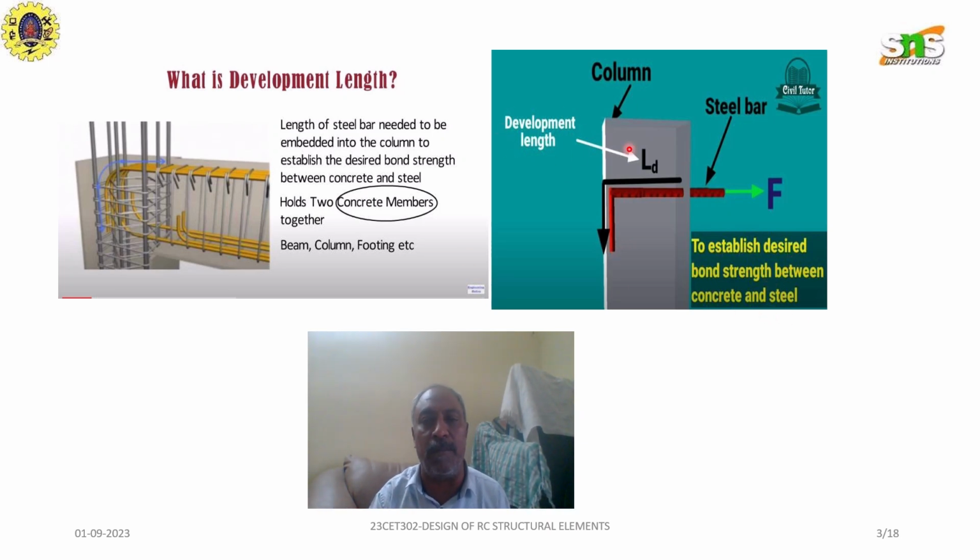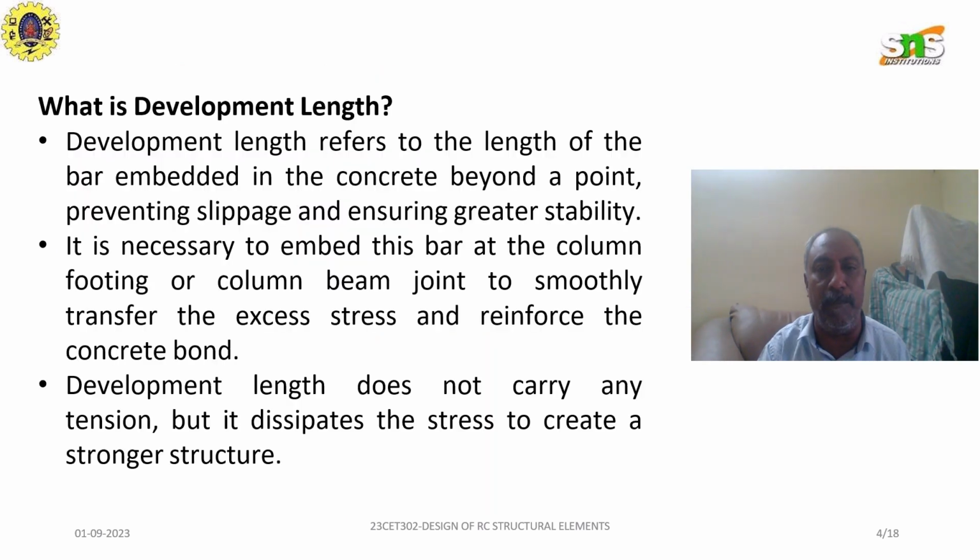Development length refers to the length of the bar embedded in concrete beyond a point, preventing slipping and ensuring greater stability. It is necessary to embed this bar at the column footing or column beam joint to smoothly transfer excess stresses to the reinforcement. The developed length distributes the stresses.